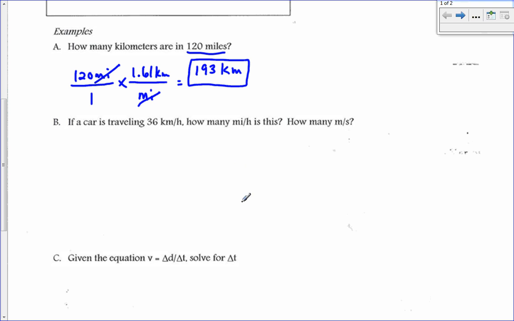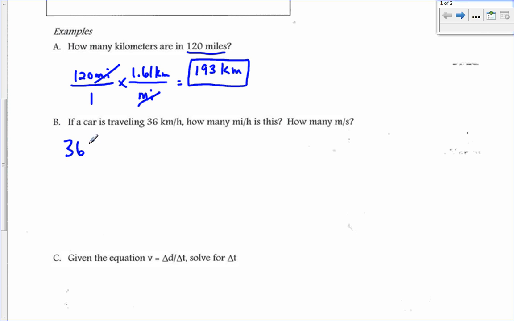Example B. If a car is traveling at 36 kilometers per hour, how many miles per hour is this? And then it asks how many meters per second. So really we have two problems here we're looking at. Remember the first thing I told you to do, start with what you're given. You're given 36 kilometers per hour, and you're going to put that into fraction form.